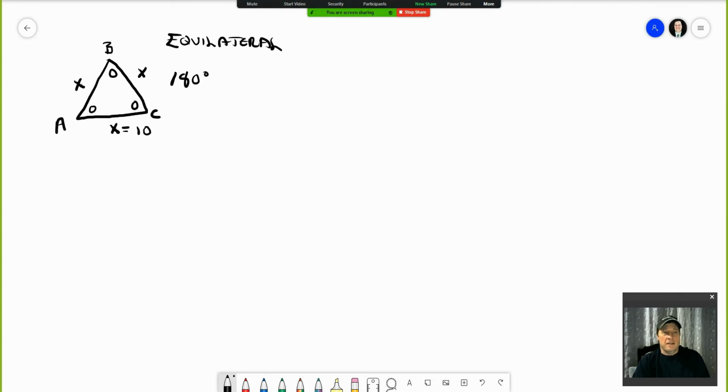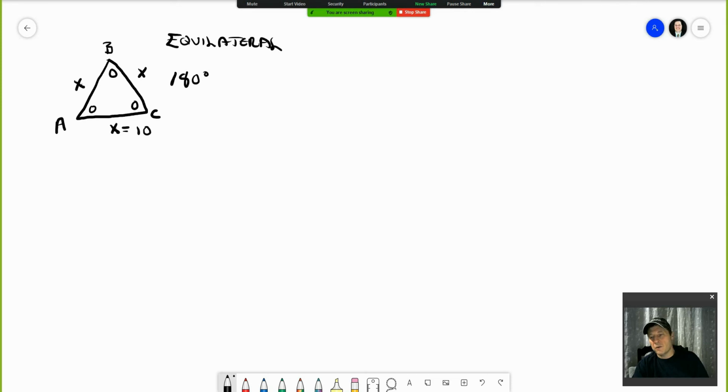So if I give you this, x equals 10 units, then you know that this x also equals 10 units, and this x equals 10 units, because this equilateral triangle means it's equal. All the sides are equal, all the angles are equal. Okay. A, B, and C.